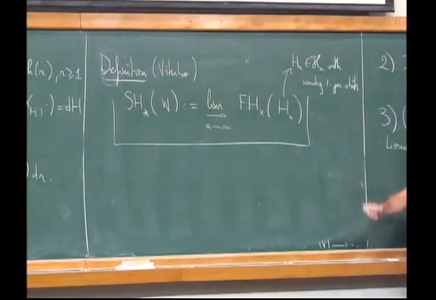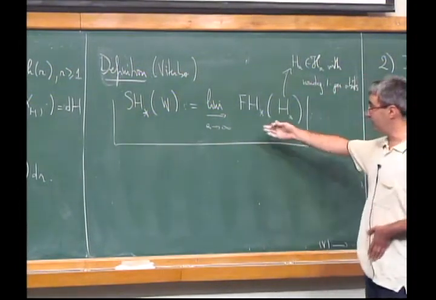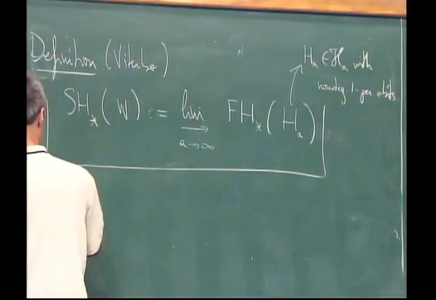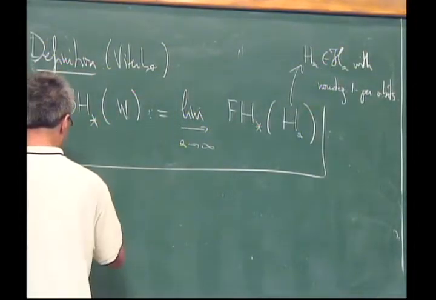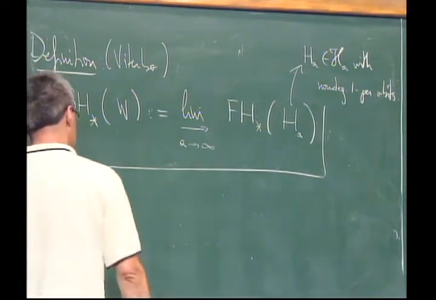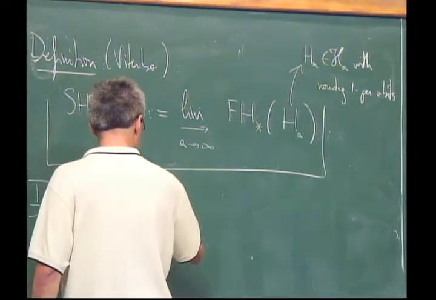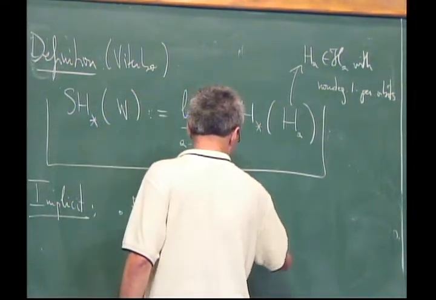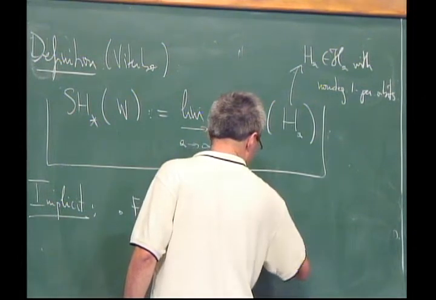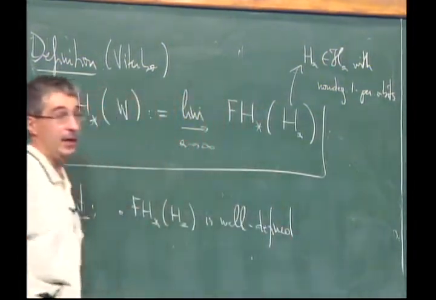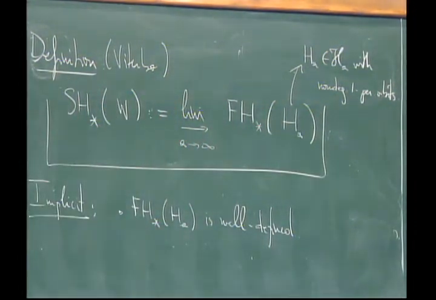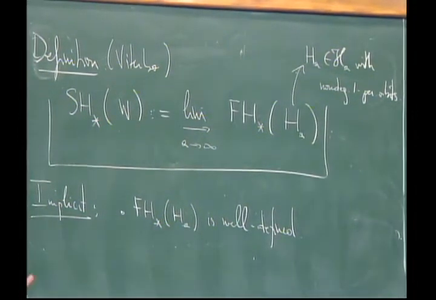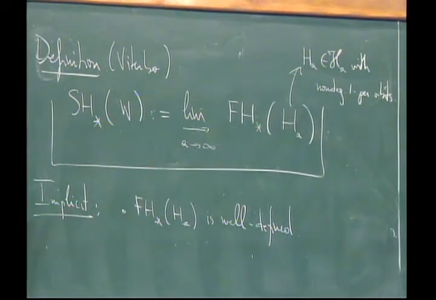But there's a lot to be said now. What I'm implicitly saying here is that Floer homology of such a Hamiltonian is well defined. And I have to say something because Mihai was working in a compact setting, compact manifold, and here my manifold is non-compact.